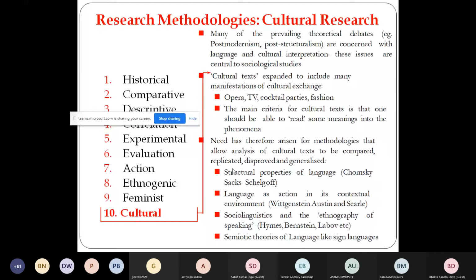Sociolinguistics, the ethnography of speaking, or the semiotic theories, like when you talk about sign languages. Any kind of linguistic research mostly focuses on cultural research, where we adopt tools like opera, TV, cocktail parties, fashions. Through this process, we collect the information, the cultural priorities, cultural context. We collect, we analyze.